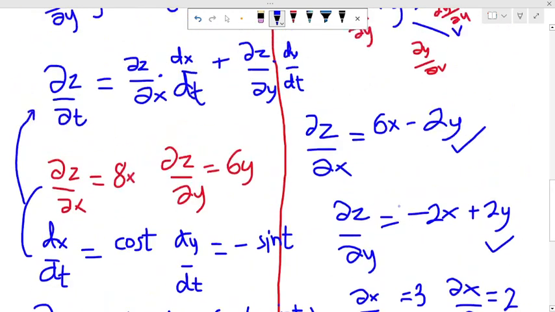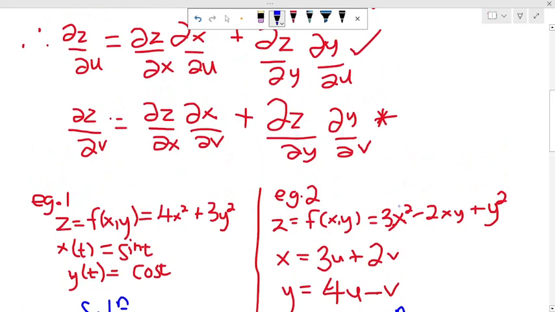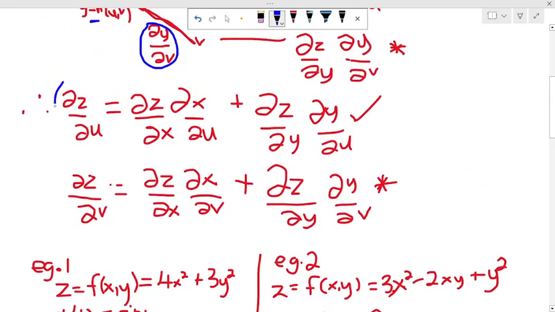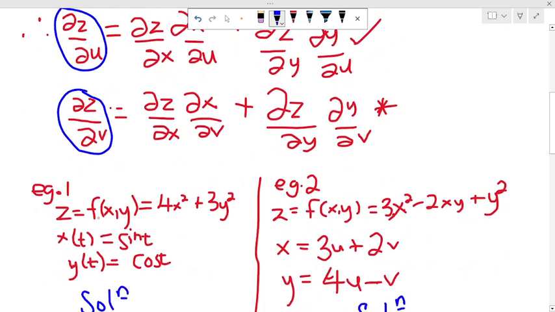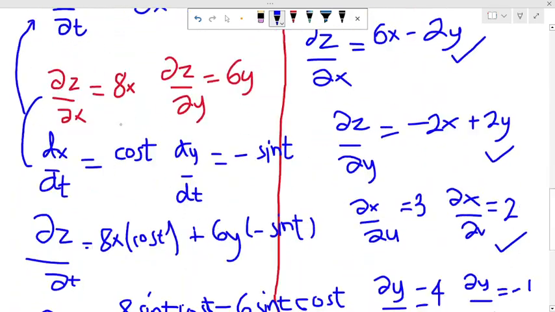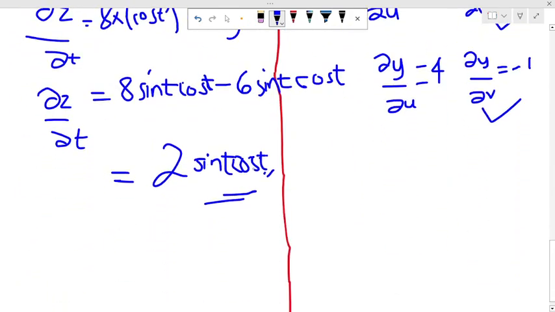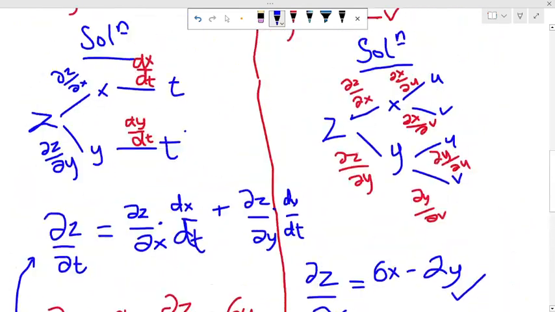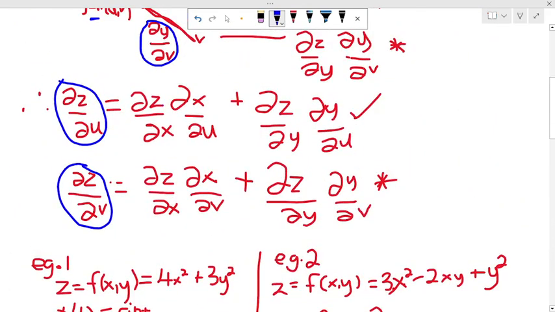So now we have to evaluate ∂z/∂u and ∂z/∂v. So now with these expressions, I'm going to task you all to substitute in the expressions and multiply, then simplify.